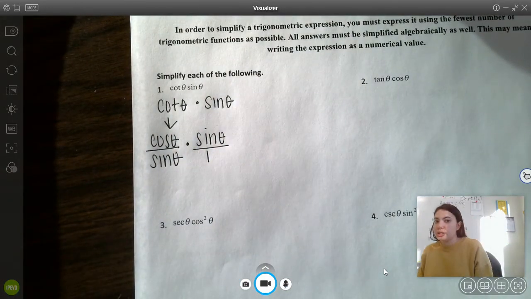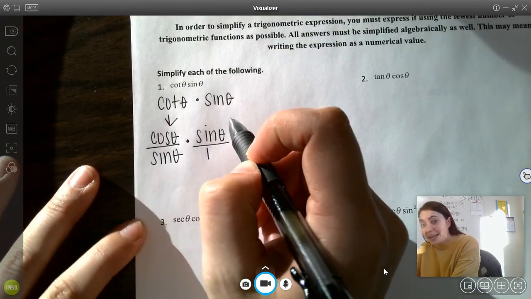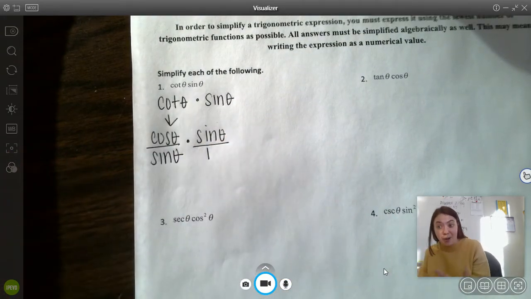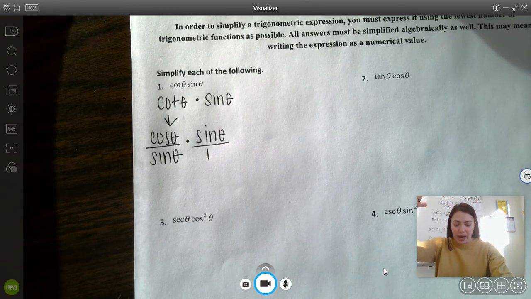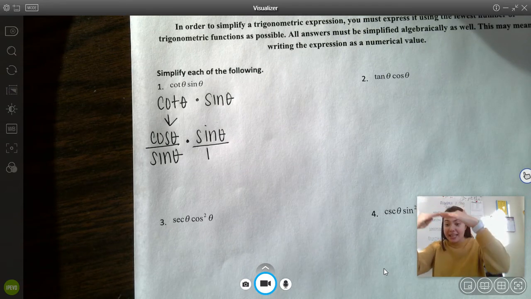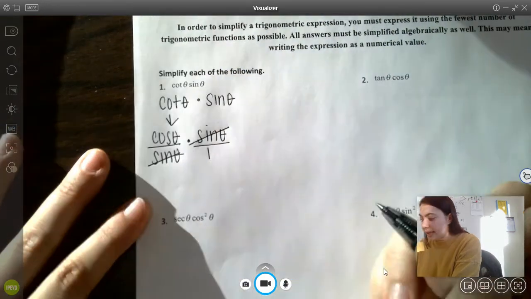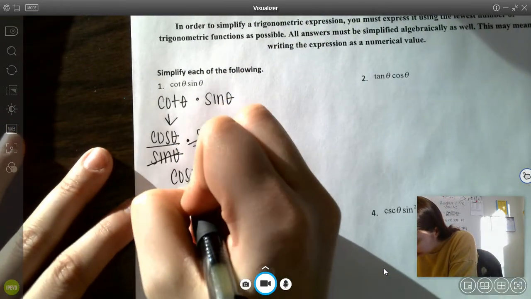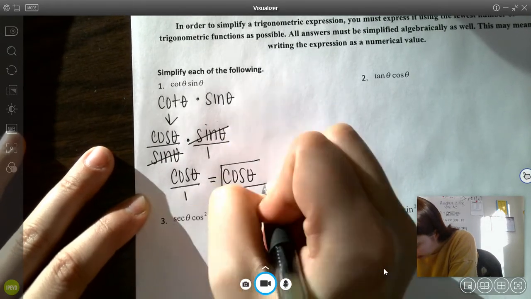But what this turns into is, you have a sine on top and a sine on the bottom. Anything divided by itself is just 1, so our sines end up canceling out. We're left with the cosine of theta over 1, which is just the cosine of theta.